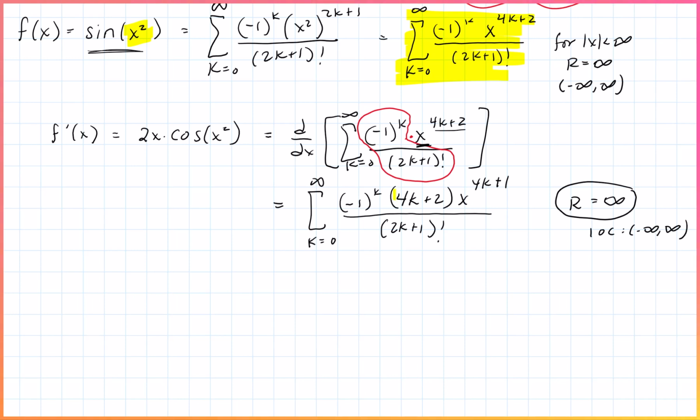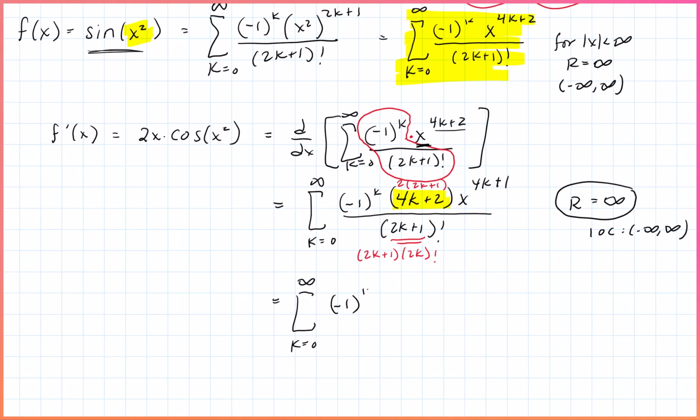So I'm looking right here at this 4k plus 2, and I'm seeing that we could actually factor a 2 out of that, and that would leave me with a 2k plus 1, which in the bottom, 2k plus 1 factorial is 2k plus 1 times 2k factorial. And we might want to simplify that a little bit. And so this becomes, that's just a common factor that we could clean up.